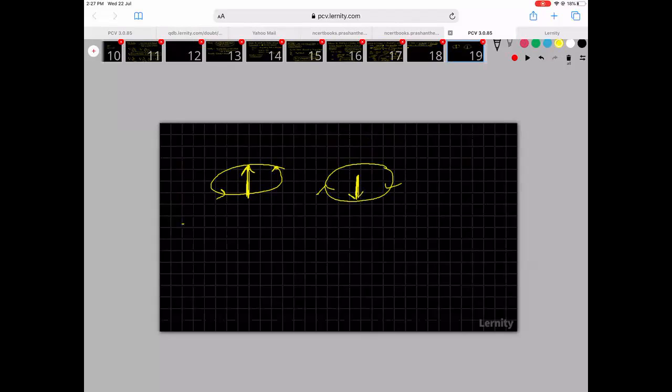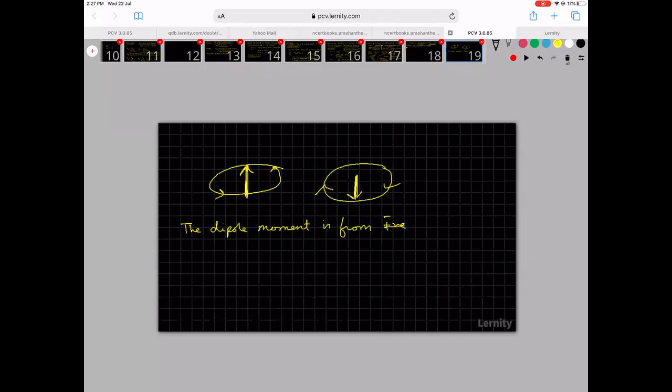Okay, so the dipole moment is from negative towards positive.